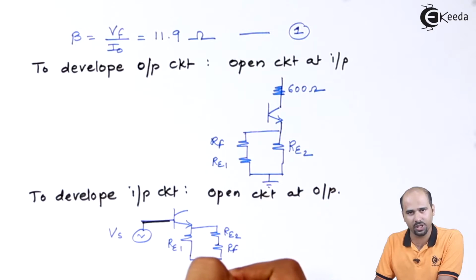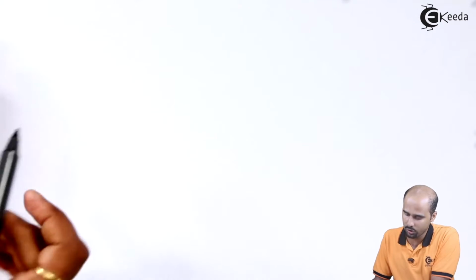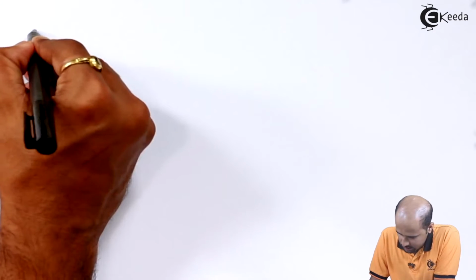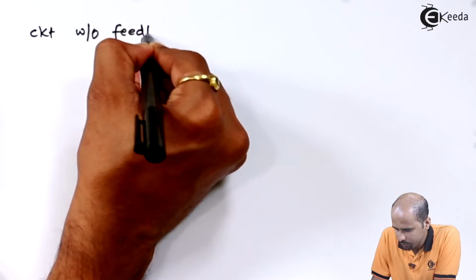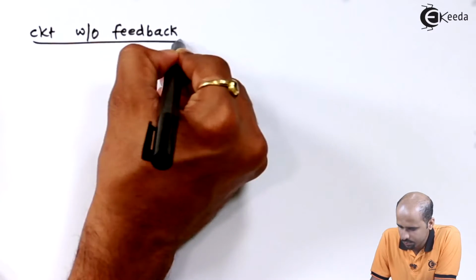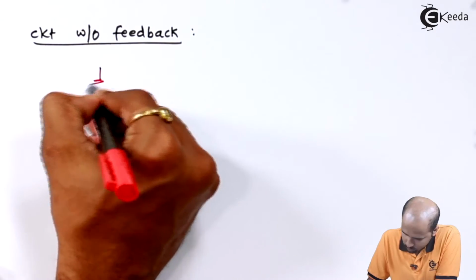So we combine this particular part and we have to get the circuit without feedback. So from that circuit we have to go for calculation.